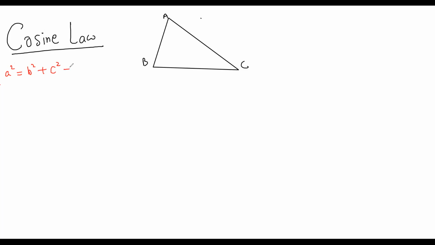But if A is not 90 degrees, then we need some adjustments. So this is more than the Pythagoras theorem in the sense that it's for any angle, and when angle A is 90, then cos A is 0, and you get the Pythagoras theorem. Obviously we never say that this is how you prove the Pythagoras theorem, because to prove this you will need the Pythagoras theorem. Now let's just try to prove this.